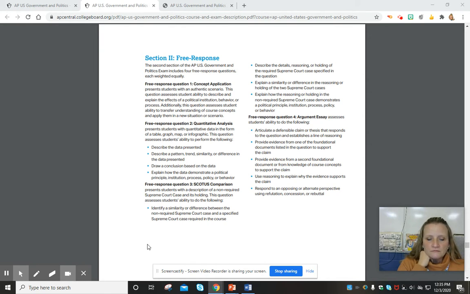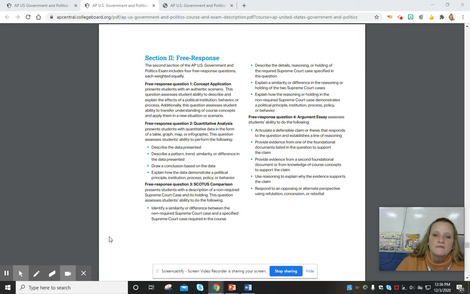Okay. All right. So SCOTUS comparison, it says present students with a description of a non-required Supreme Court case and its holding. So it'll give you a case. You got to read it. And then you need to think about the cases that we have been required to read. So it'll give you a case that we haven't read.